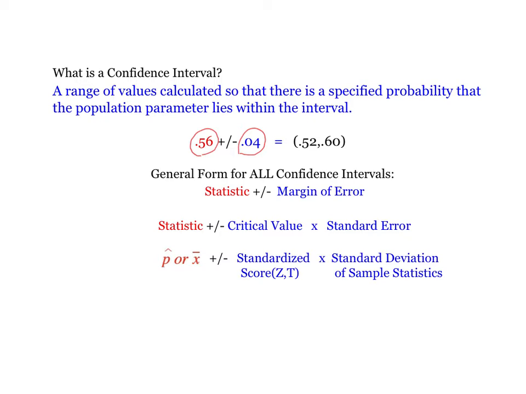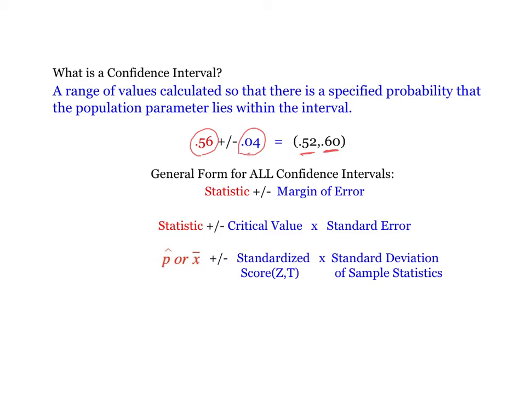Like in this case, taking 56 plus 4% would give us 60%, and 56 minus 4% would give us 52%. And that interval between 52 and 60% would be a confidence interval.